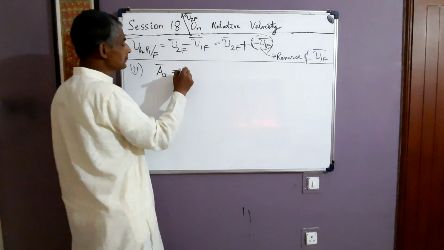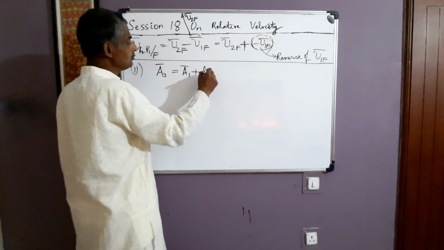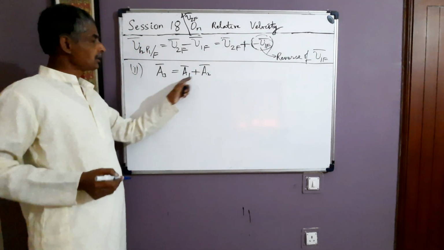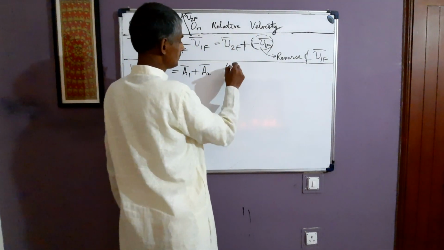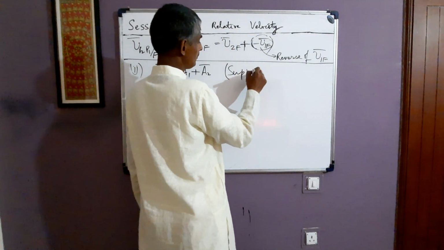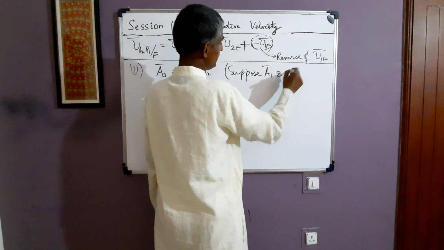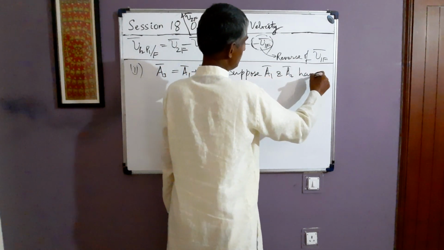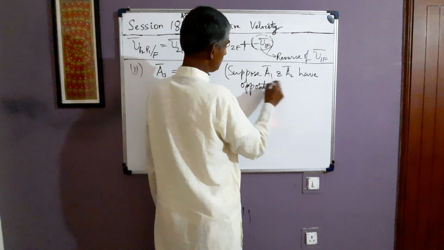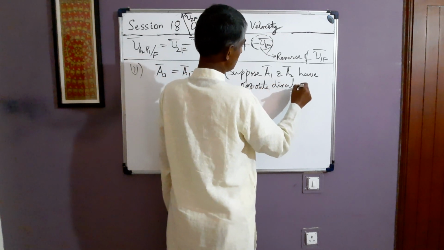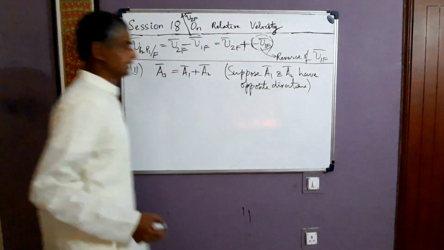And phase 2 is again, suppose A3 is equal to A1 plus A2, and suppose A1 and A2 have opposite directions.